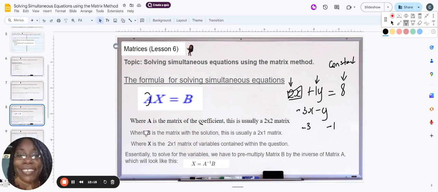And lastly, we're going to have a matrix X, which is also a 2 by 1 matrix, and that will just contain the letters that you'll see in those simultaneous equations. More or less, you'll see X and Y, but you can use any letter. So based on the question, you're going to be using matrix X to represent the letters in the question.